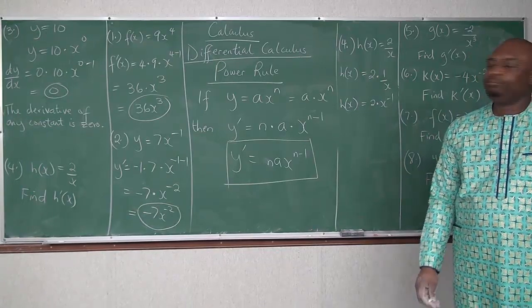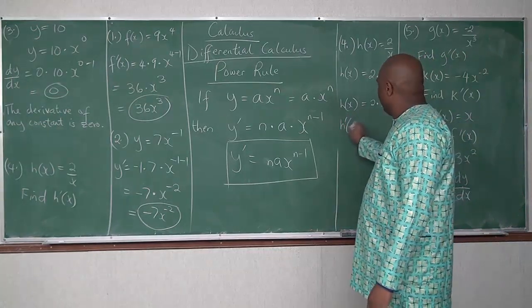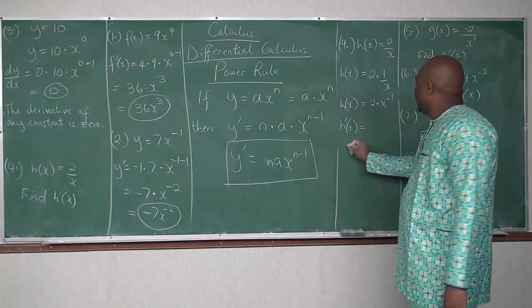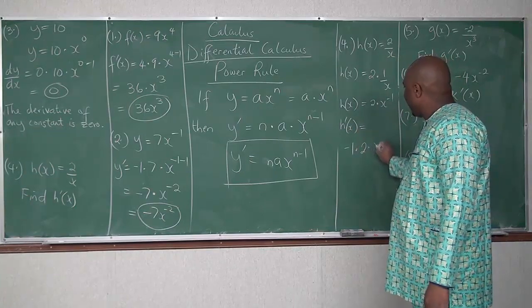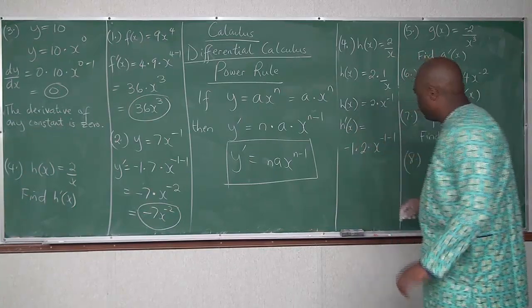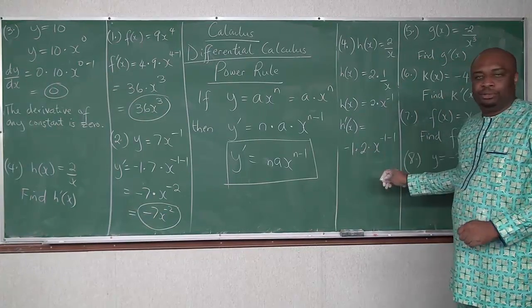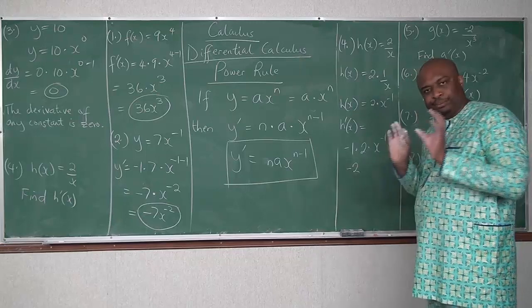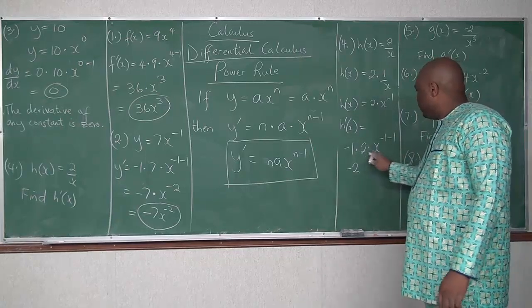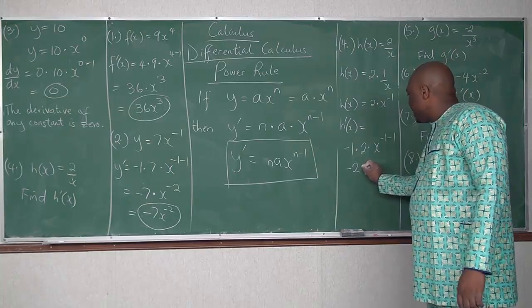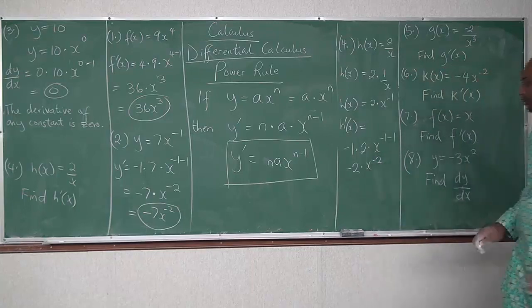So h prime of x will now be negative 1 times 2 times x, negative 1 minus 1. Negative 1 times 2 is negative 2, times x to the negative 2.